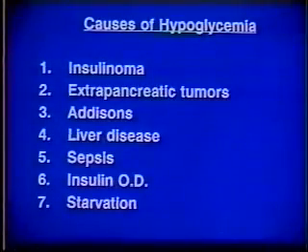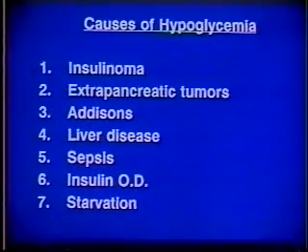The causes of hypoglycemia in our veterinary patients are several, and I will list these. Insulinoma, extrapancreatic tumors such as large fibrosarcomas or liposarcomas, or rhabdomyosarcomas, the latter of which might produce insulin-like factors that can cause the hypoglycemia in these extrapancreatic tumors.